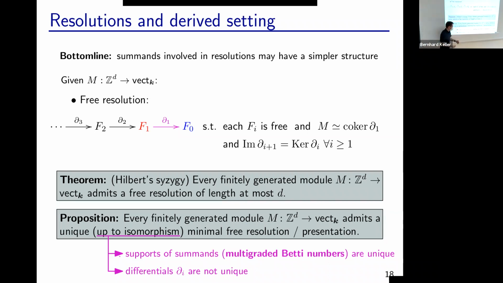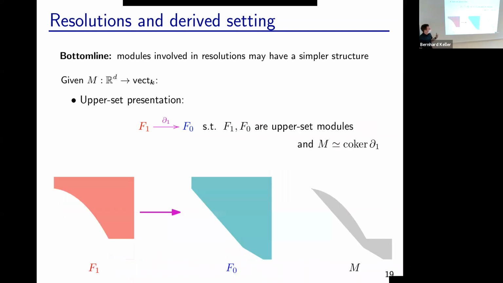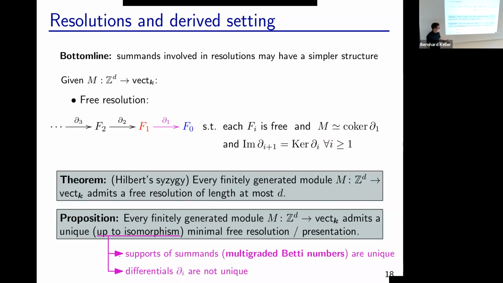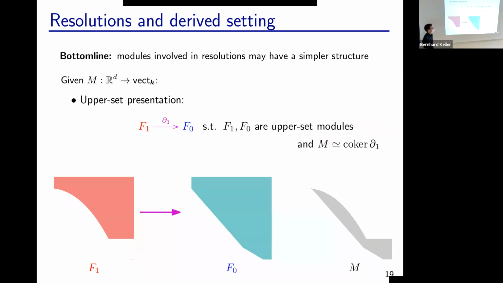They use free resolutions and use the summands in each degree as descriptors for the modules. Is it useful? Is it interesting to do that? Well, it depends on whether this representation is stable or not. For applications, it will be important that the invariant is stable. I will come back to this afterwards.